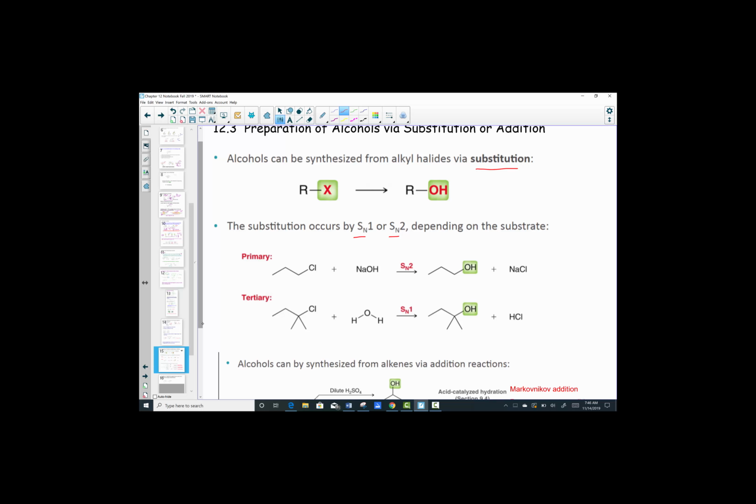If I have a primary alkyl halide reacting with a strong small base, just think of that as OH negative, sodium being the spectator, we favor a bimolecular collision, a backdoor attack.